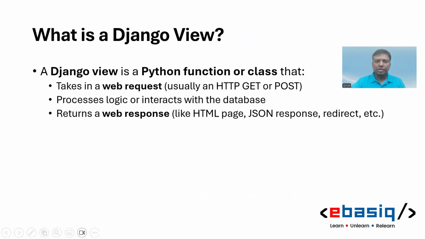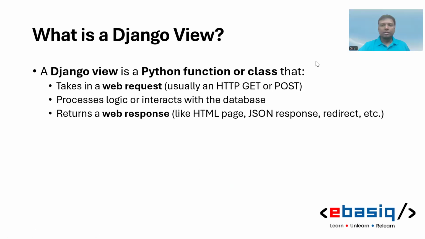So what is a Django View? The Django View is a Python function or a class that takes usually the web request. So it can be a HTML GET request or a POST request, and that processes the logic and or interacts with the database.